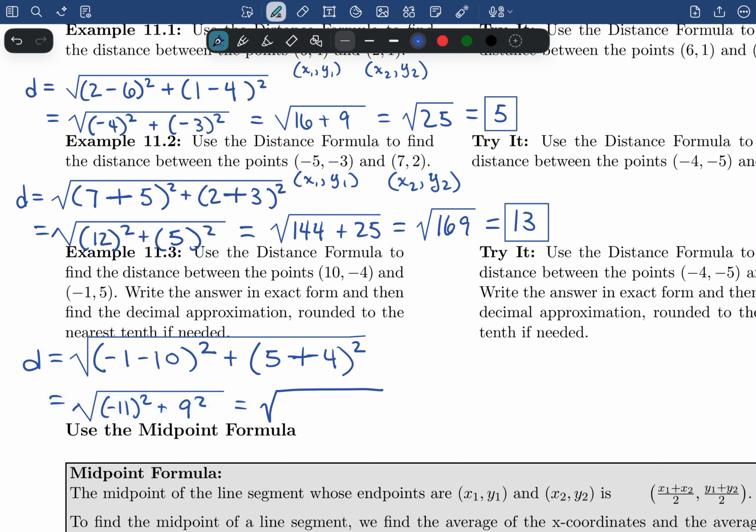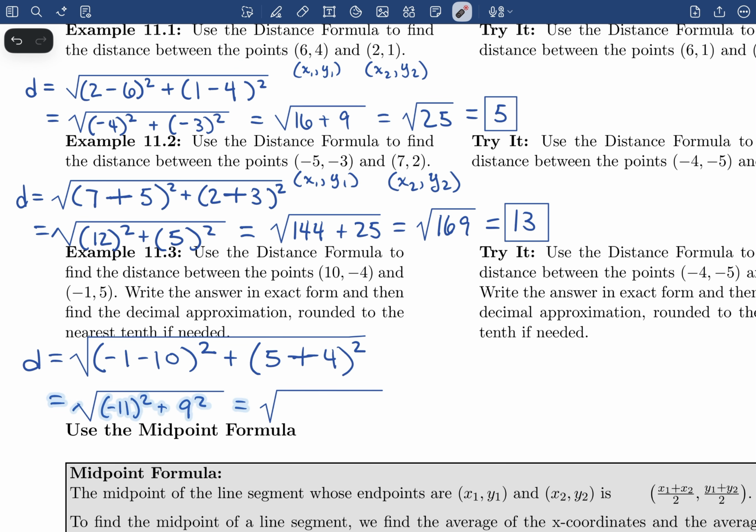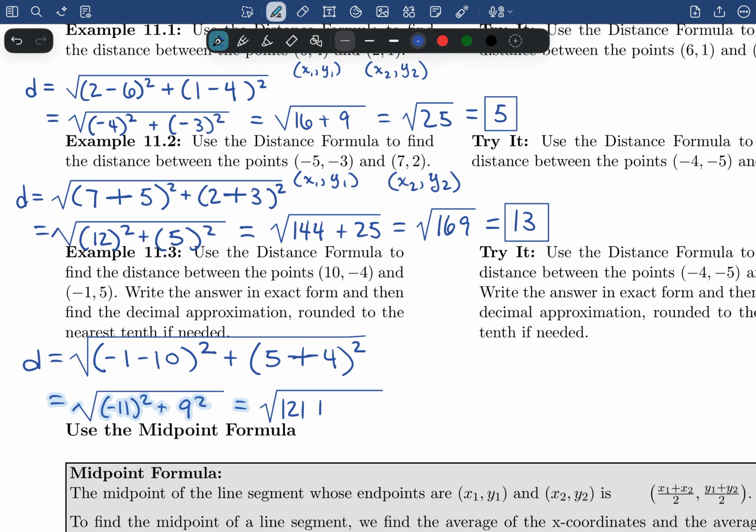Remember, when you square a negative number, it just becomes positive. Negative 11 times negative 11 is 121. And that's plus 9 squared, which is 81. Cleaning this up a little bit, that's going to be 202 under a square root. The square root of 202.